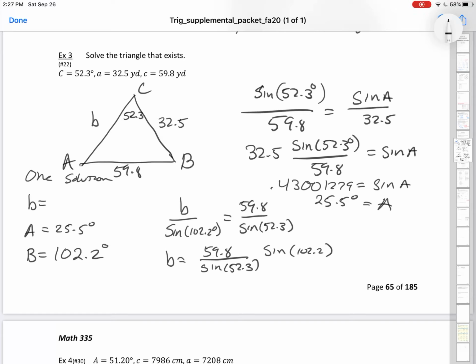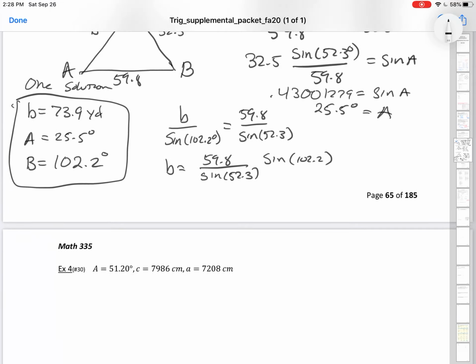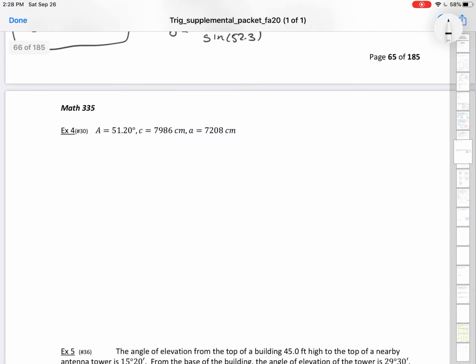Be careful to close what the sine's operating on. And we get a nice 73.87. So maybe I would say 73.9. There were units given, yards. I was going to say there were no units given, but there were. And so that's the only solution that comes out. There was only one triangle that existed.